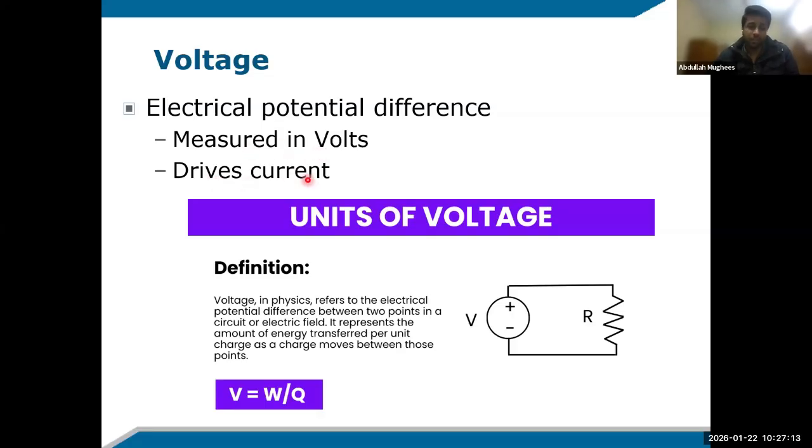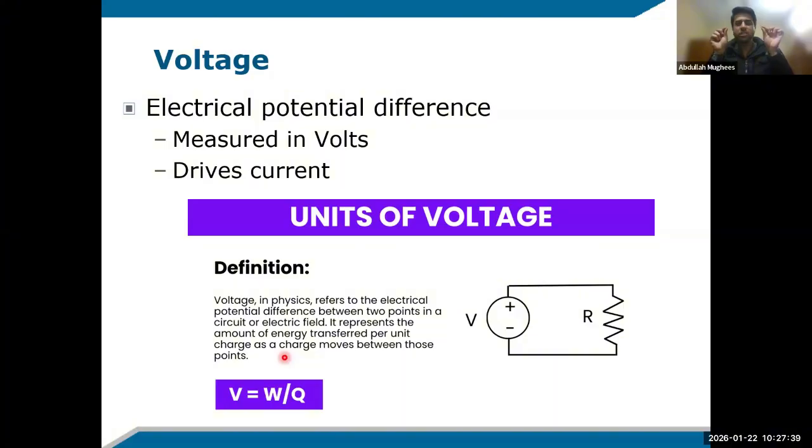In physics, it basically refers to the electrical potential difference between 2 points in a circuit or electric field. It represents the amount of energy transferred per unit charge as the charge moves between those 2 points. So I have 2 points, and I am moving an electrical charge between these 2 points.